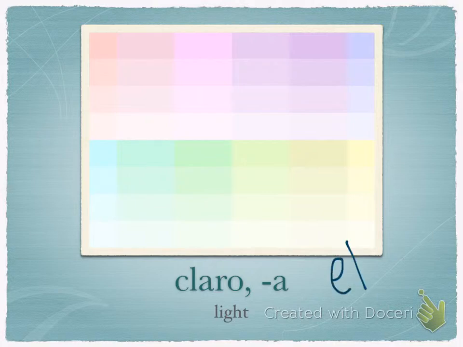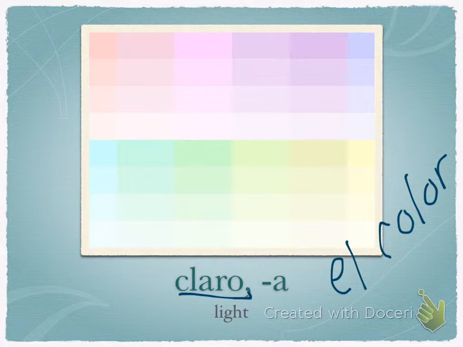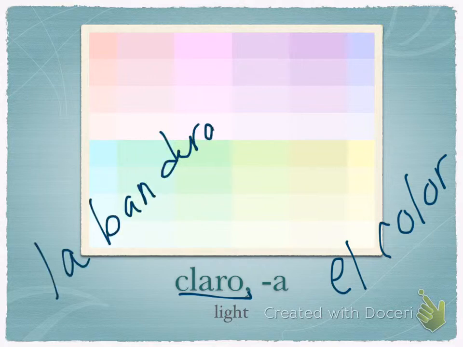So if we use el color, we would use claro. If we're saying, let's see, what else could we say that's feminine? La bandera, say, la bandera, feminine, es clara, feminine. Okay, that's why you have two, because it's an adjective.